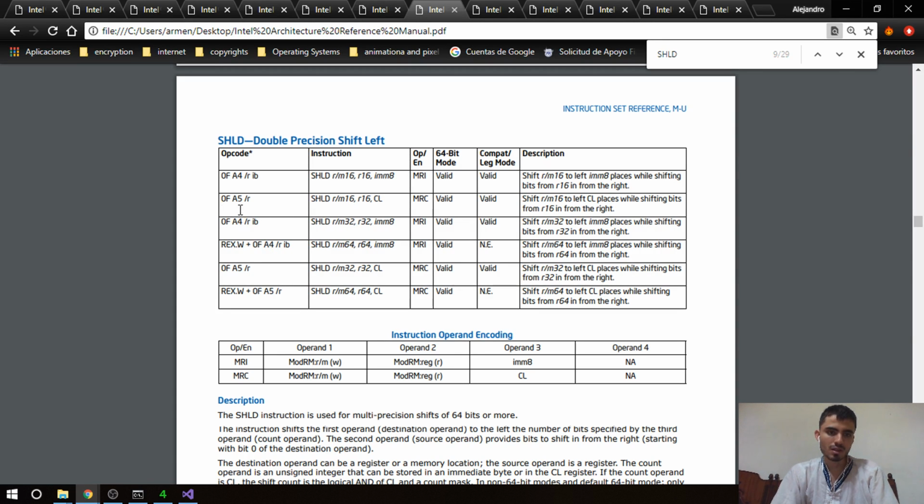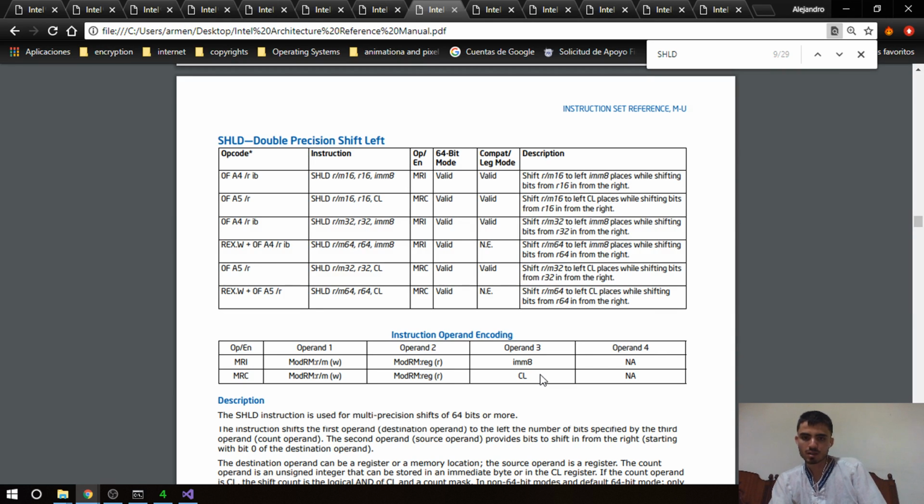And then only A5 is gonna change a little bit there. Then we have REX the same, and this is the same. We have just two entries in the way we are doing it. For the shift left double, we just have two entries, one with A4 and one with A5, and then the other thing gets resolved on compatibility mode, you know, on real time, let's say.